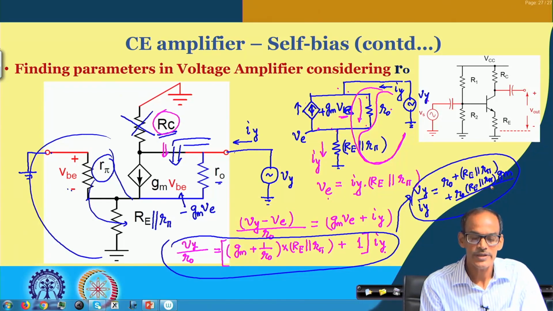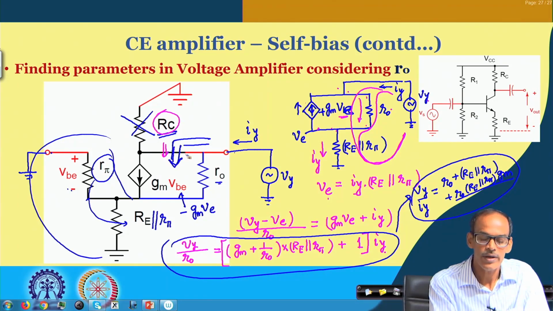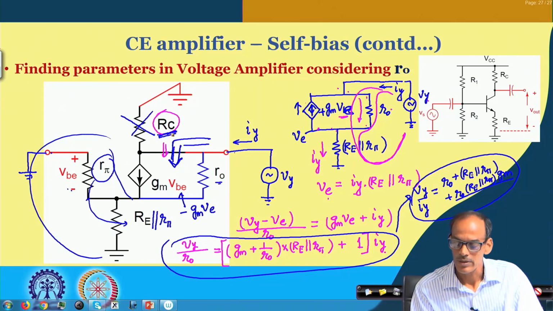through this analysis, what we can say is that this is the resistance of the lower part, and then the total resistance, of course, will be RC in parallel with that.